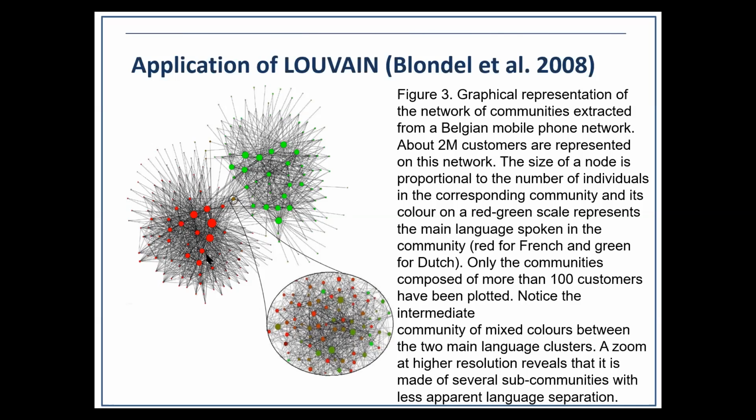So here you can see quite clearly that there are 2 large communities, clearly separated. The Dutch-speaking people call each other, and the French-speaking people call each other. Of course, I know I'm simplifying a bit. I know it's not like that, but I think that's what they are showing with the application. Yeah, that's one of the applications of modularity.